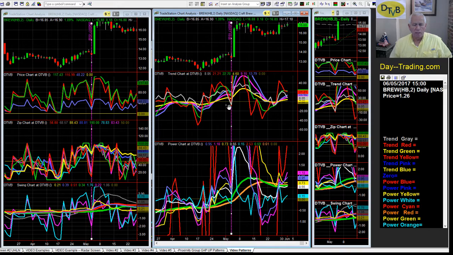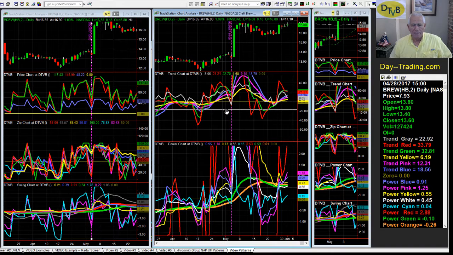And in fact, if you go over here to the trend chart, you will see that there are three lines that are 3 days down. This is typical for a bottlenose reaction, that we would have a bottlenose pattern somewhere.